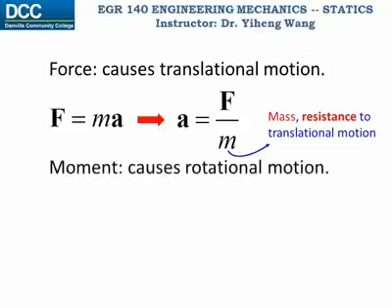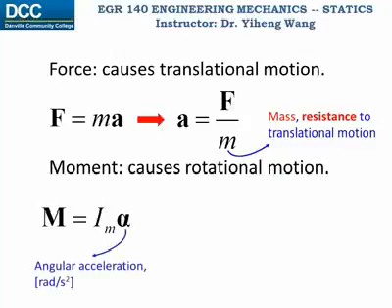And since moment causes rotation, can we write something similar and relate moment to the rotational motion of an object? Indeed, we can. Similar to Newton's second law, moment equals Im times the angular acceleration alpha. As you can see, moment and angular acceleration are both vectors and they have the same direction.